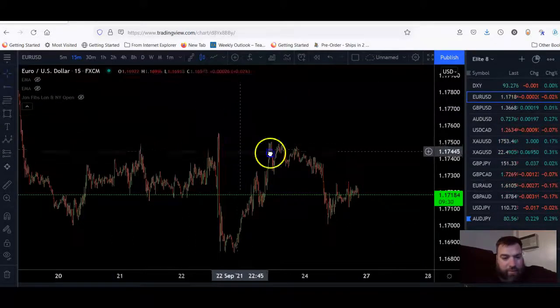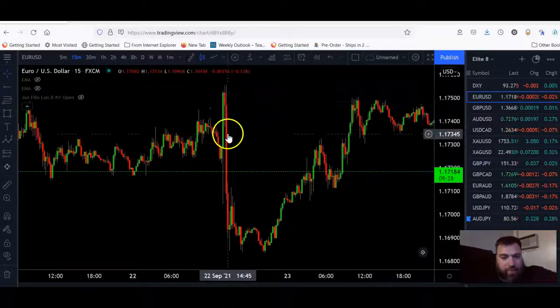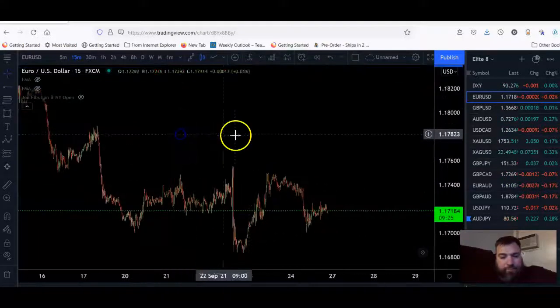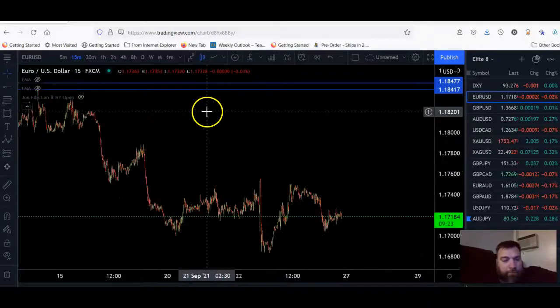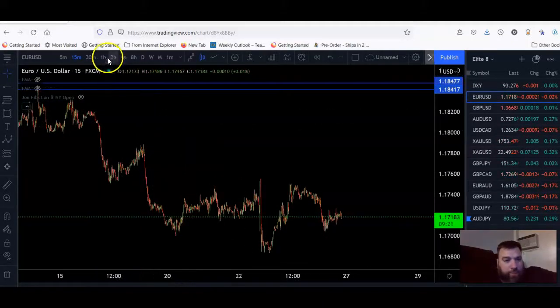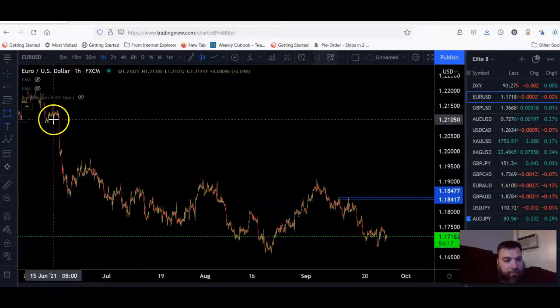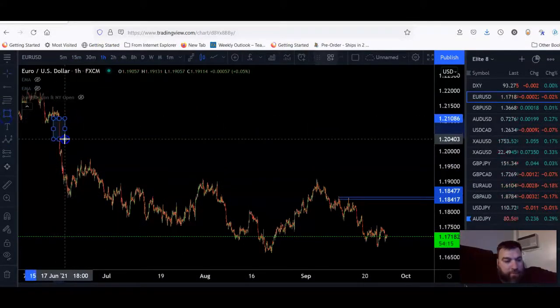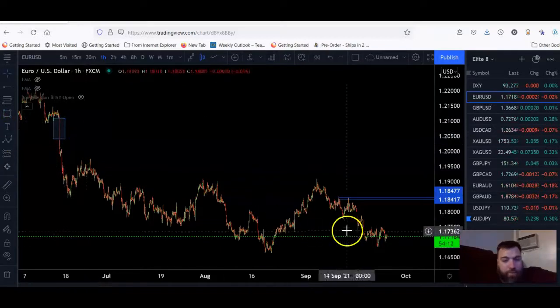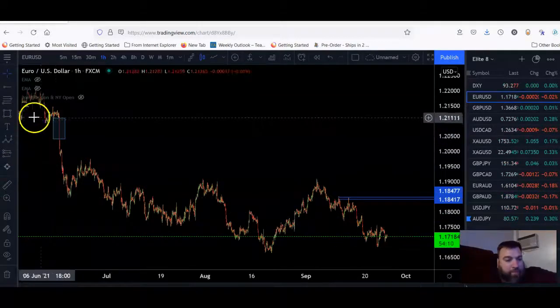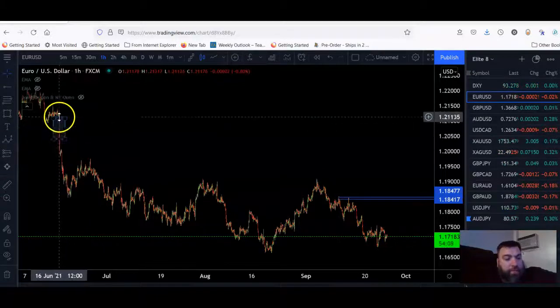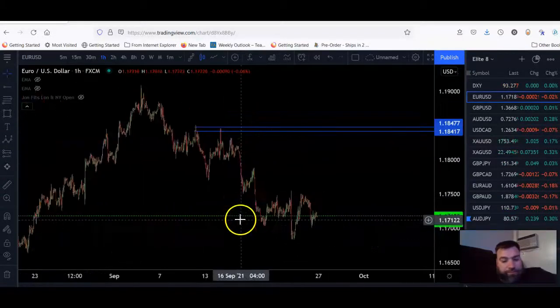So that's not really a good trade to get in right here. But if you look at long term, right here we have some imbalance. So price has to push up into here, fill in this imbalance.